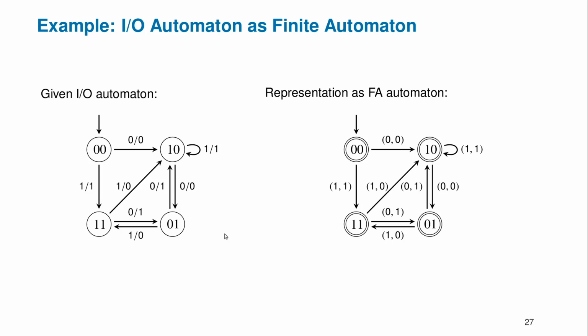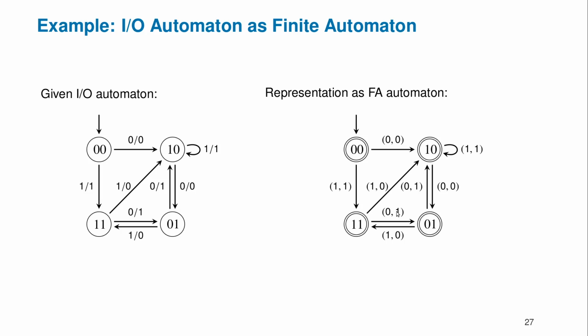Here I have a simple example, and in particular, if we have given an I/O automaton, the translation is really straightforward. It's just a change in notation. So the states become all final states. So we have the double circles here, and the slash, which separates the input and the output, becomes a comma, and we put parentheses for the pairs around it. But that's basically the translation.